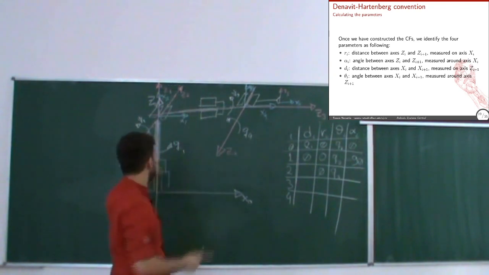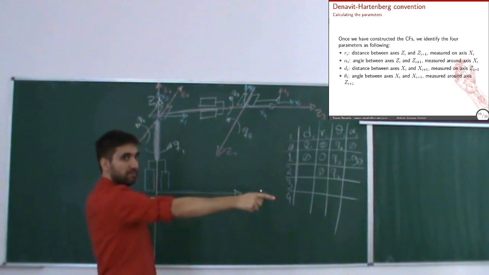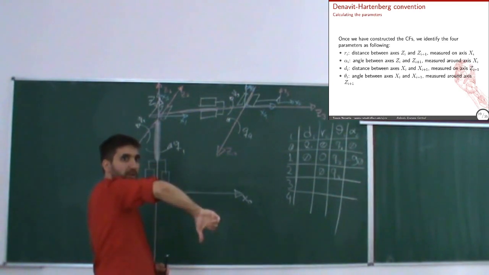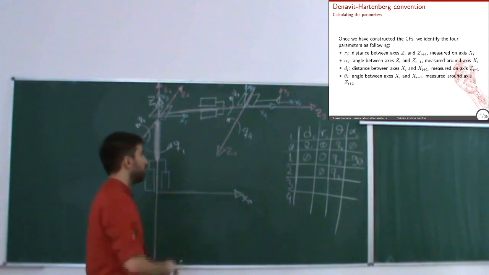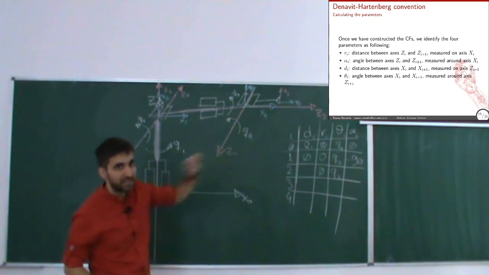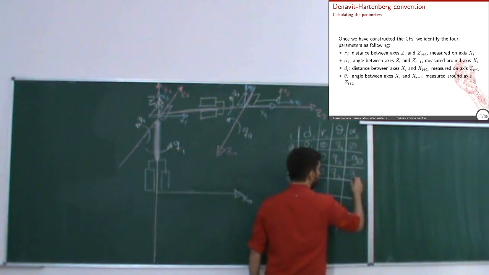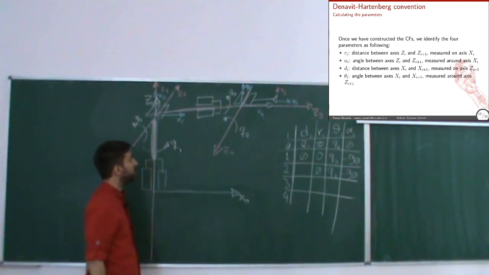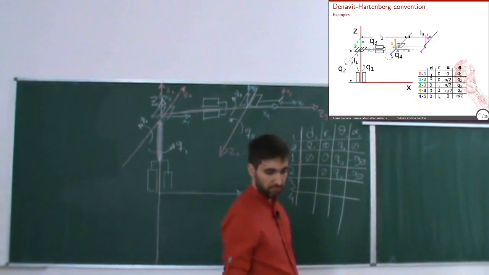X2 is pointing upwards, Z2 inside, Z3 there. So this angle, and x2 is pointing upwards. My thumb points downwards, which means it's a negative degree. That's why it's very important to know around which axis we are measuring. Minus 90. And the distance between x2 and x3 is L2.